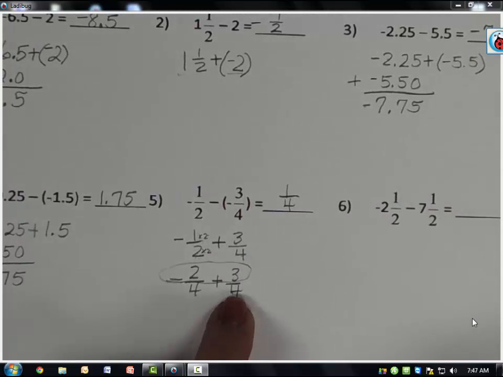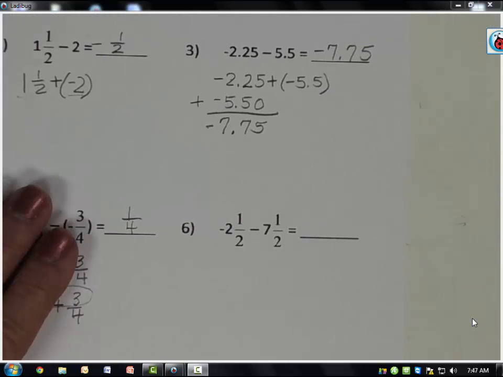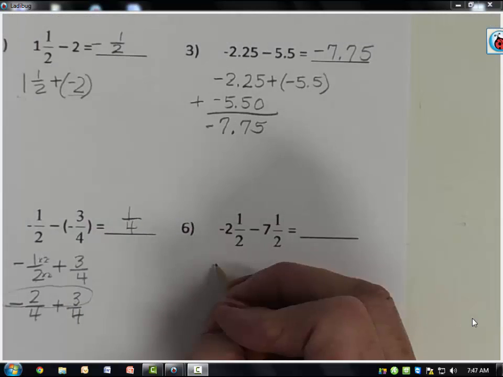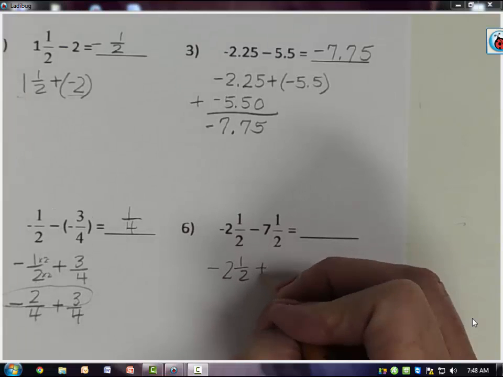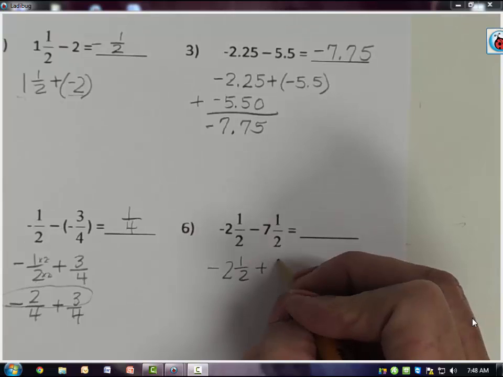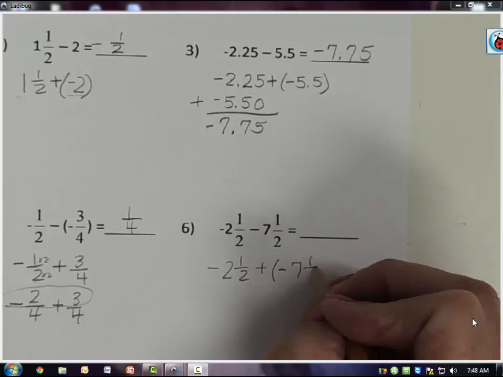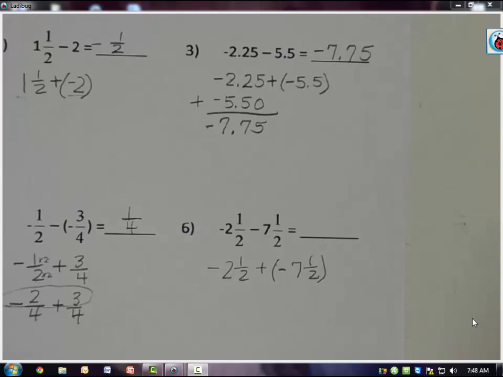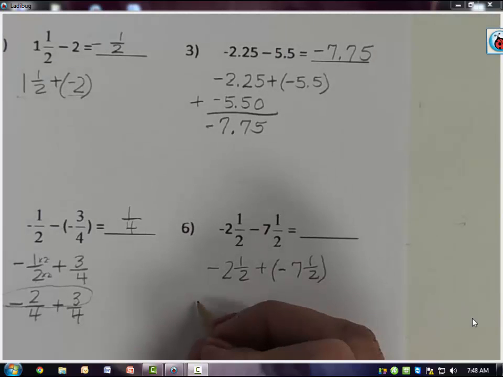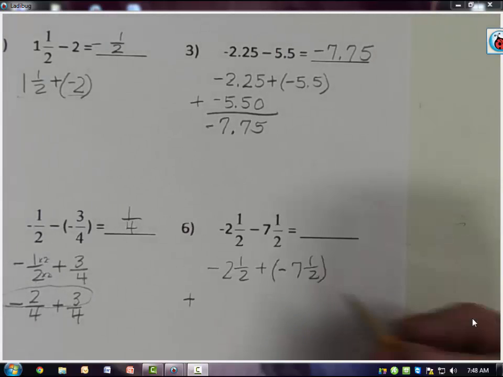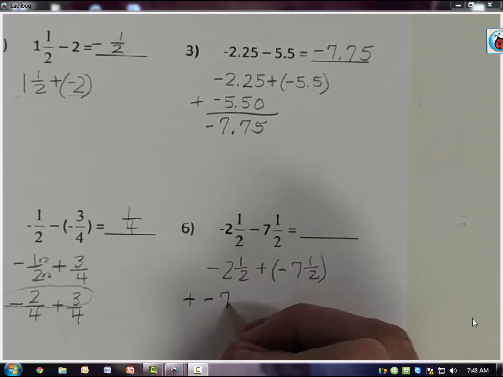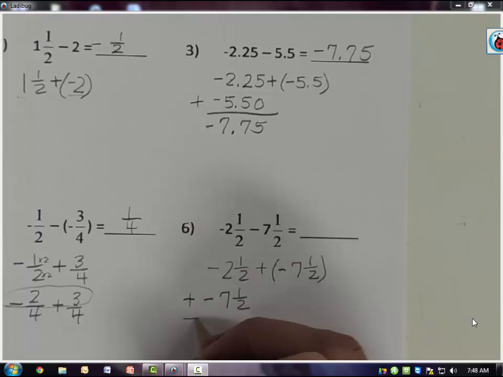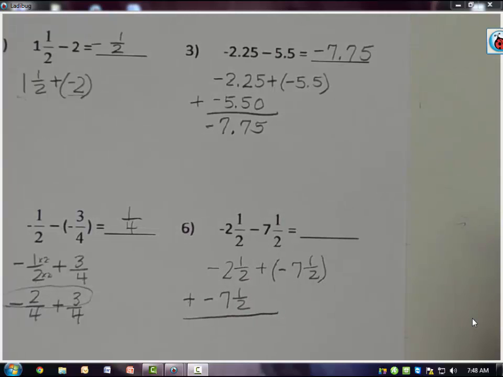Number 6, negative 2 1/2 plus negative 7 1/2. We're going to rewrite it under here. Plus negative 7 1/2. When you add mixed numbers, add the fractions. 1/2 plus 1/2 is 2/2.